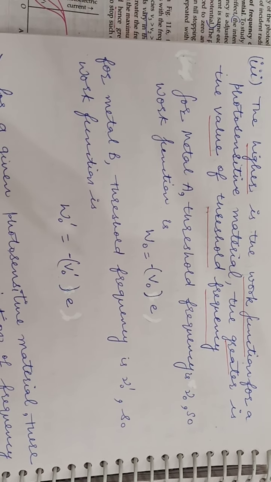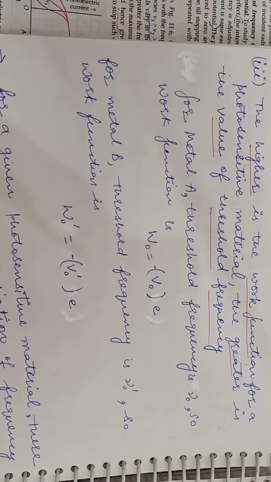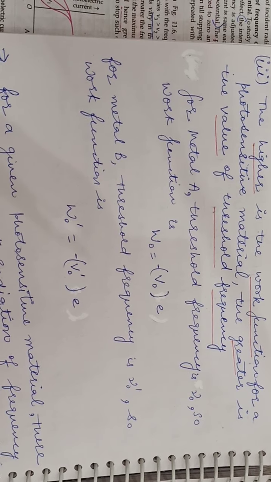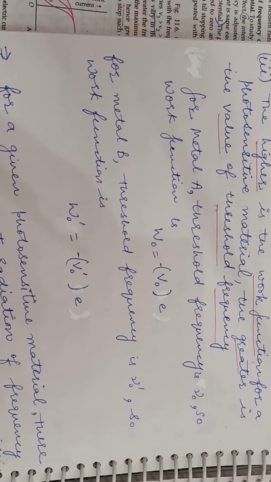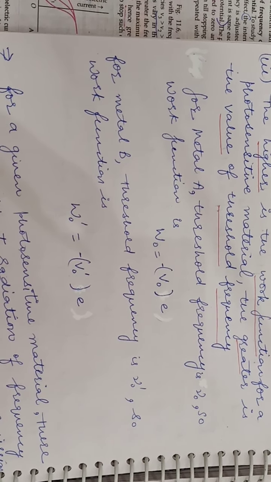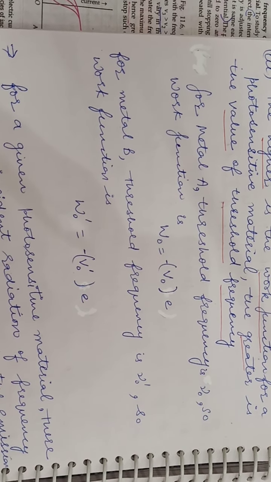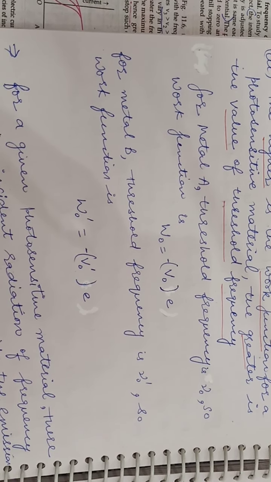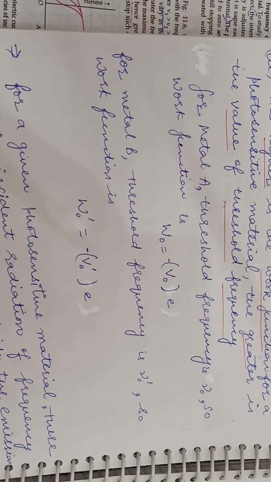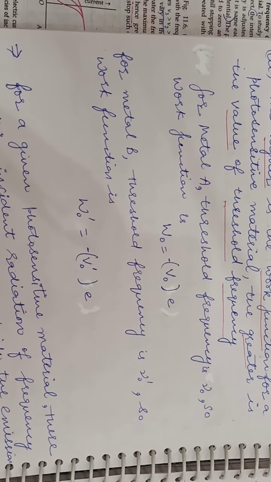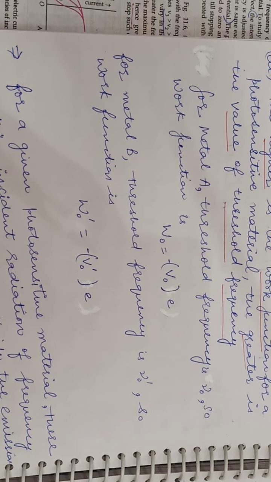So for metal A, threshold frequency is mu naught. So work function W naught is equal to V naught. Here V naught is called stopping potential. The negative sign indicates that this is a potential which is acting in the negative direction, or it is called retarding potential, which retards the motion of photoelectrons.